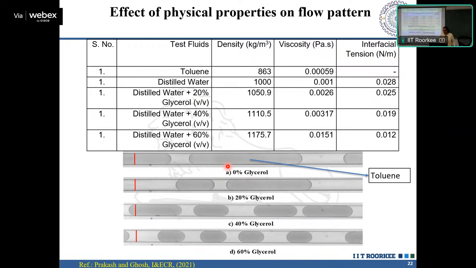At the same time, since we have increased the viscosity of the continuous phase, it is also exerting more interfacial shear. The viscous force on the disperse phase is higher. So as a result of these two changes of forces, you could see small, well-defined slugs are formed with the same flow rate combination with the 60% glycerol.